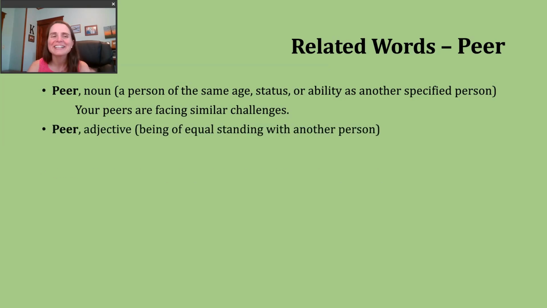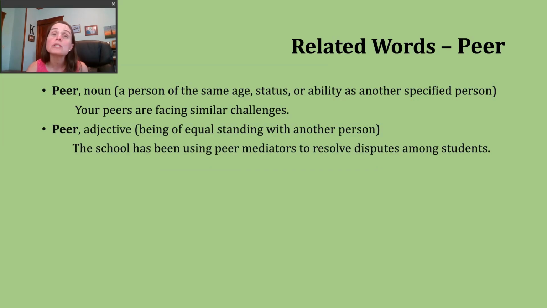Now, peer can also be an adjective. You're going to notice same spelling, same pronunciation. When we use this word as an adjective, we're describing something that has equal standing with another person. An example of this: the school has been using peer mediators to resolve disputes among students.